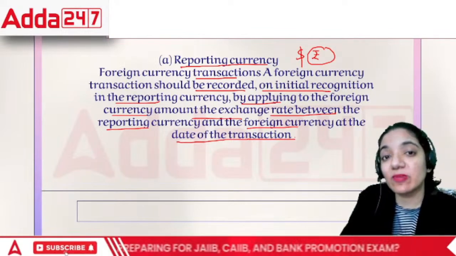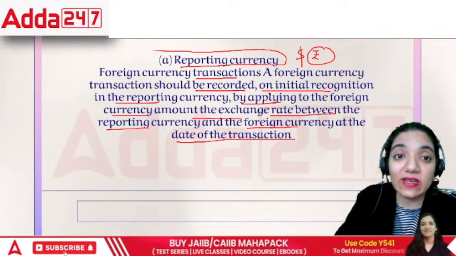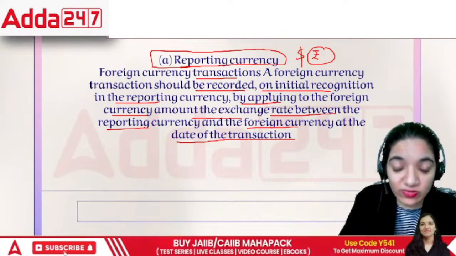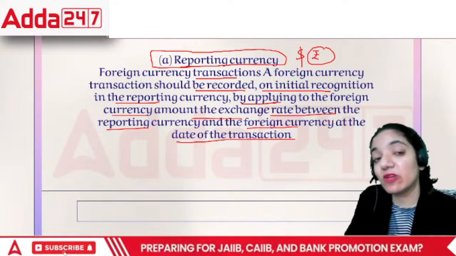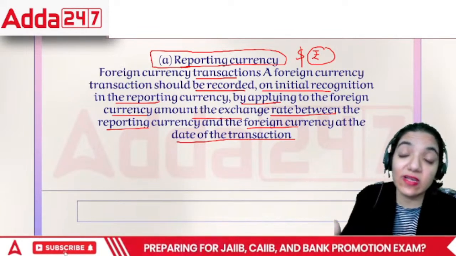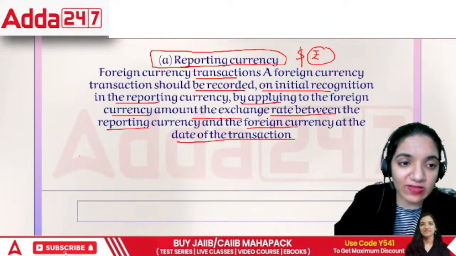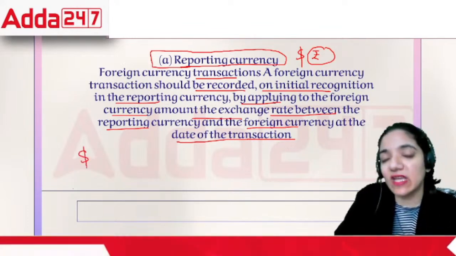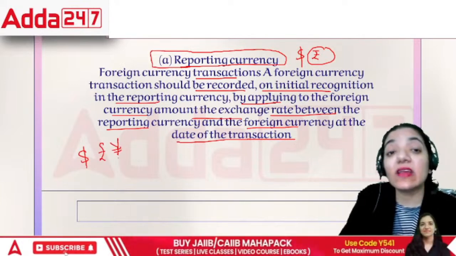So in terms of reporting currency, we note down whatever is happening in terms of those goods and services which we would have taken from a foreign land or a foreign place. Normally it happens in dollars. It can be any other currency as well, in terms of pounds, yen, or dinar.